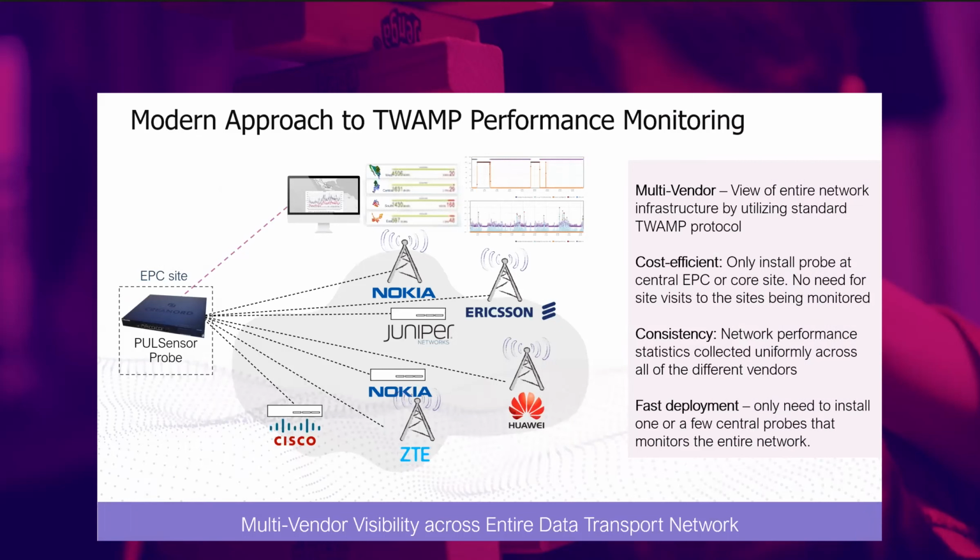And this probe will send out TWAMP packets to the base stations and any of the intermediate routers in the network. And the key fact here is that these routers and base stations have a TWAMP reflector embedded. Nowadays, all of the major vendors support the TWAMP protocol, so they have this functionality embedded in the devices.